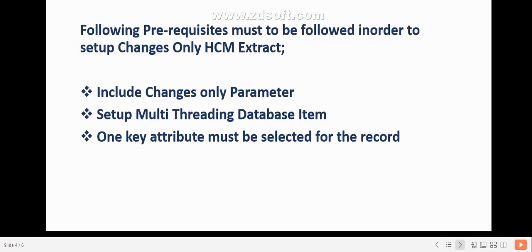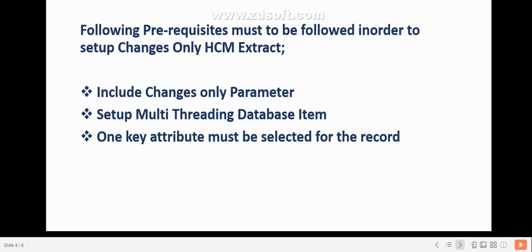They are: we must include the changes only parameter at HCM extract level when you are defining the HCM extract, and you must set up the multi-threading database item at data group level whenever you want to set up the changes only HCM extract. And another one: for each record, in case you are using multiple records, at least one key attribute should be selected.